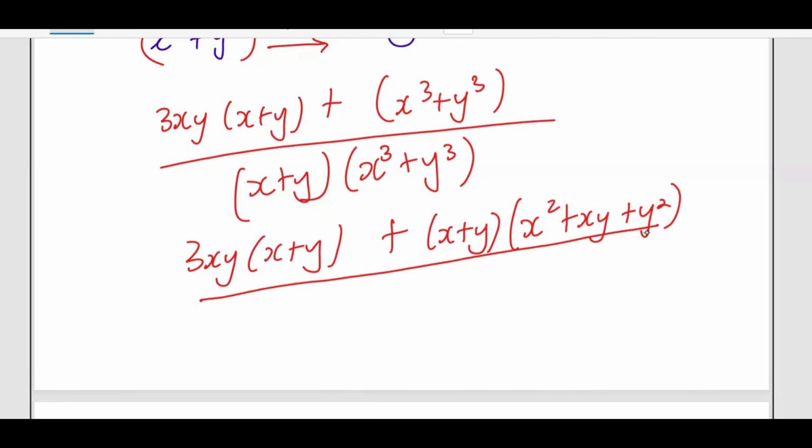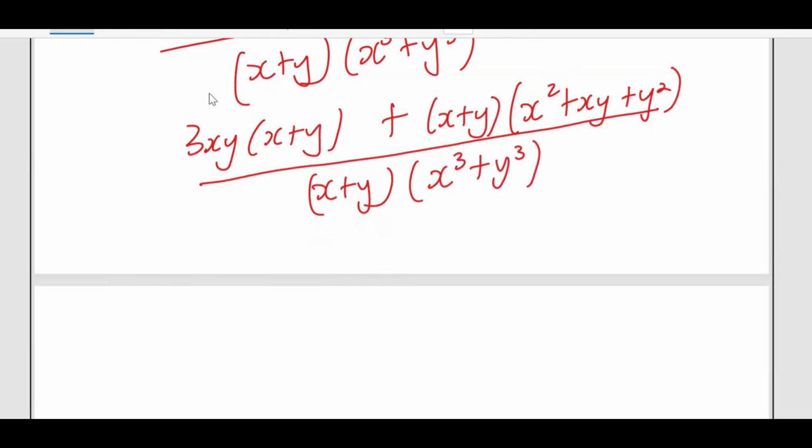This is being divided by x plus y, and then x cubed plus y cubed. We could have it, but I don't want to. What's common here? We can see the x plus y and x plus y is common. Okay, take it out.